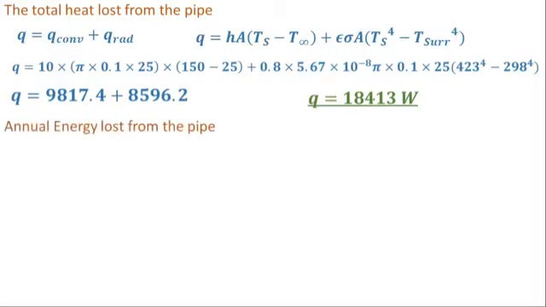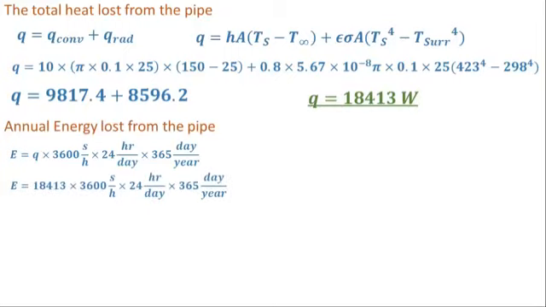Now, the annual energy loss from the pipe will be Q into 3600 seconds per hour into 24 hours per day into 365 days a year. The annual energy loss from the pipe comes out to be 5.8 exponent 11 joule per year.